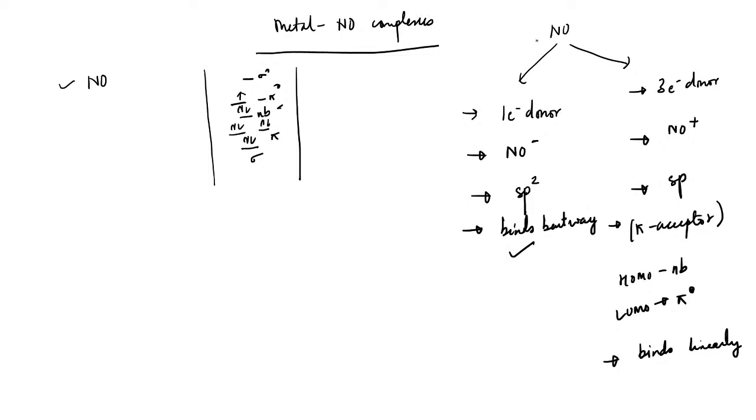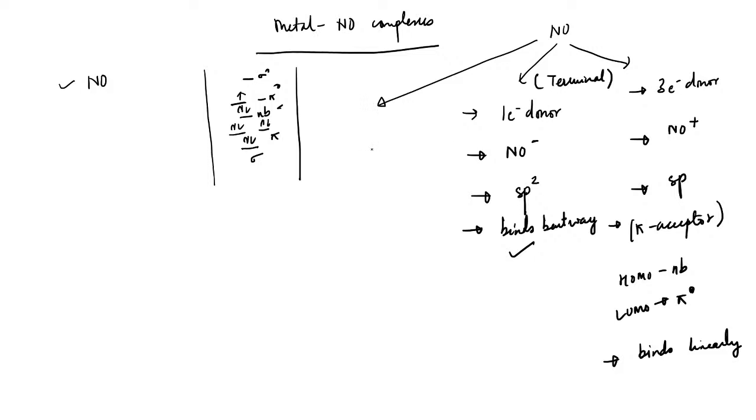These two are the terminal cases, when nitrosyl binds terminally. It can behave as a one electron donor and a three electron donor.